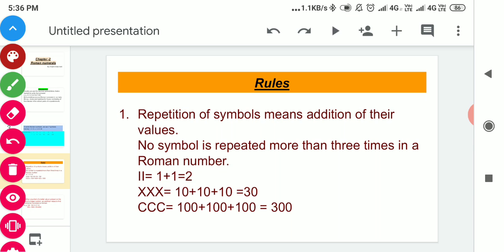The value of this X is 10. So we will add this 10 up to 3 times. It will give 30. Next example is C. C denotes the symbol 100, and because this C is repeated 3 times, we will add this 100 3 times, that gives the value 300.